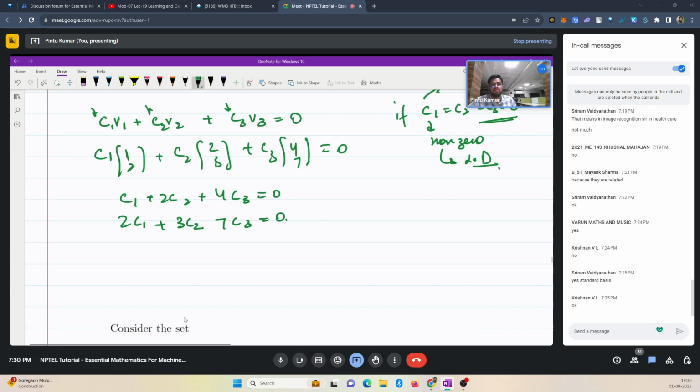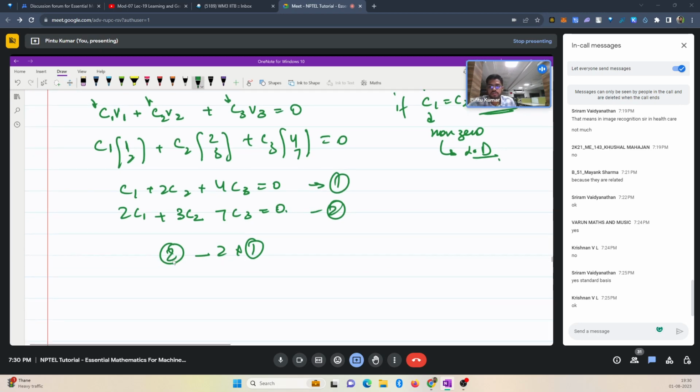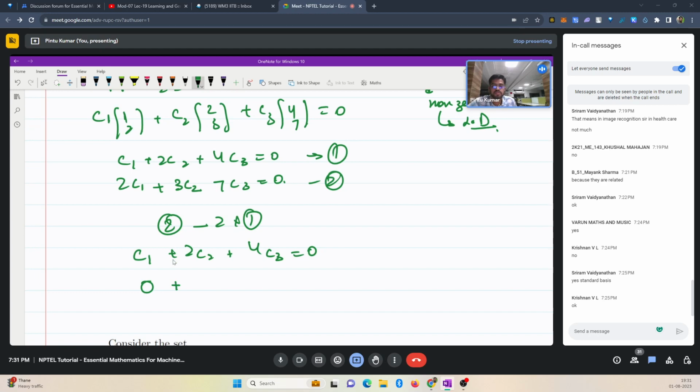Let's say this is equation 1, this is equation 2. If we do equation 2 minus 2 times equation 1, what do we obtain? C1 plus 2C2 plus 4C3 equal to 0, and the next one becomes 0 minus C2 minus C3 equal to 0.